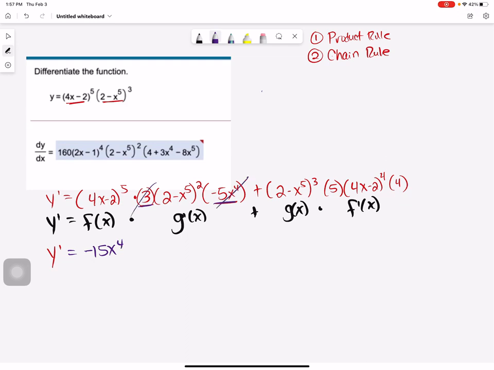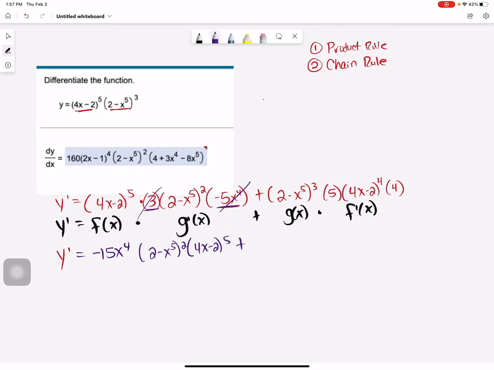And then I have 2 minus x to the 5th squared times 4x minus 2 to the 5th. Okay, so I just kind of brought that down. And then plus, what I see is I have 5 times 4, which gives me 20. And I'm going to bring down those other terms, and I'm just going to write them in the same order, so it kind of makes sense when I see it.